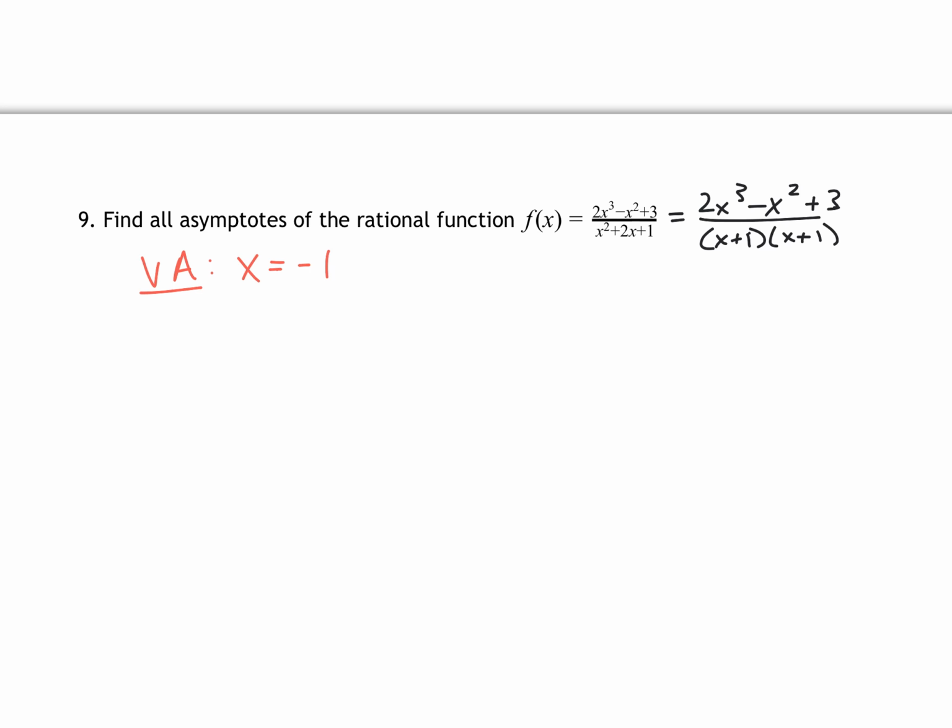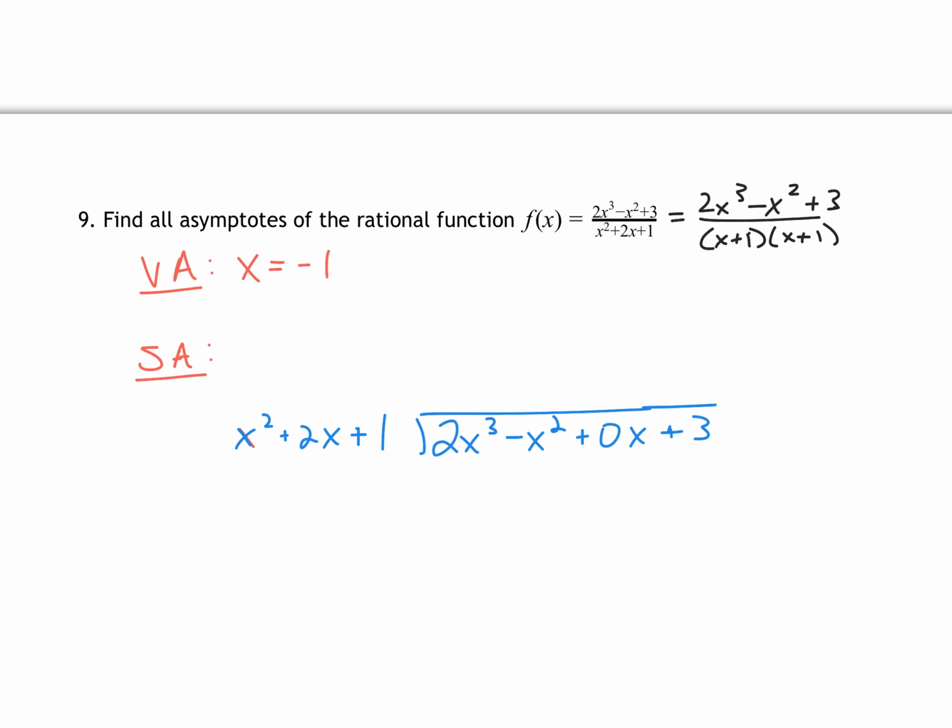We also need to determine, is this a horizontal or a slant? Well, the degree on the top is 3, degree on the bottom is 2. Remember, that means we have a slant asymptote, and we need to do the long division. So I'm going to set up long division here. I'm going to set up my 2x cubed minus x squared, with a placeholder for x, since we skipped it.